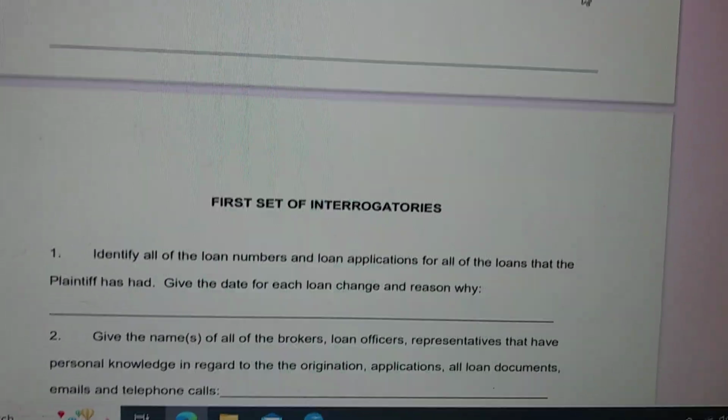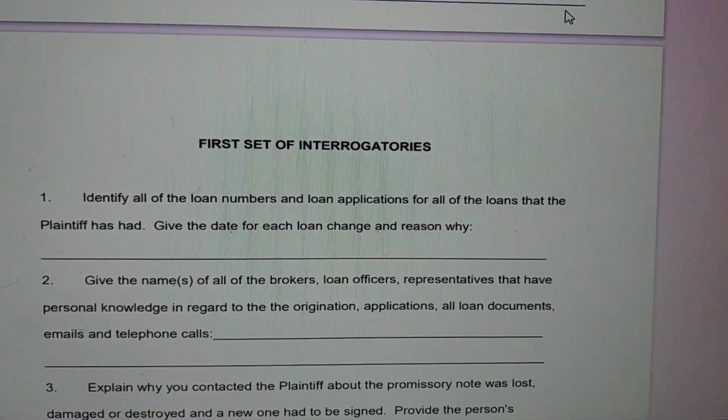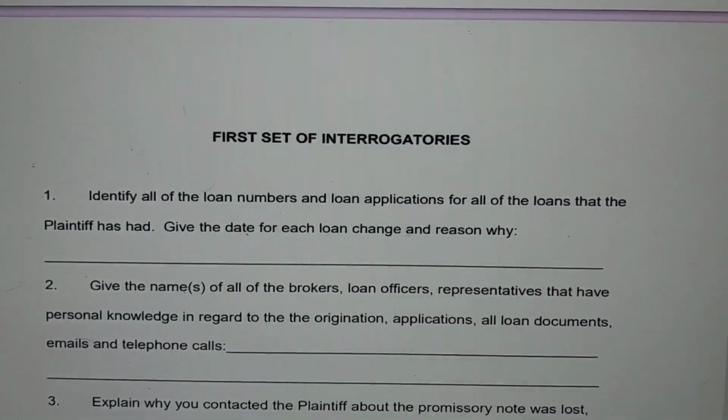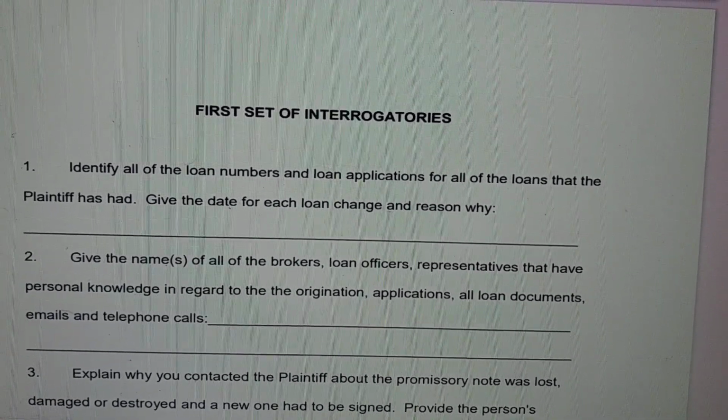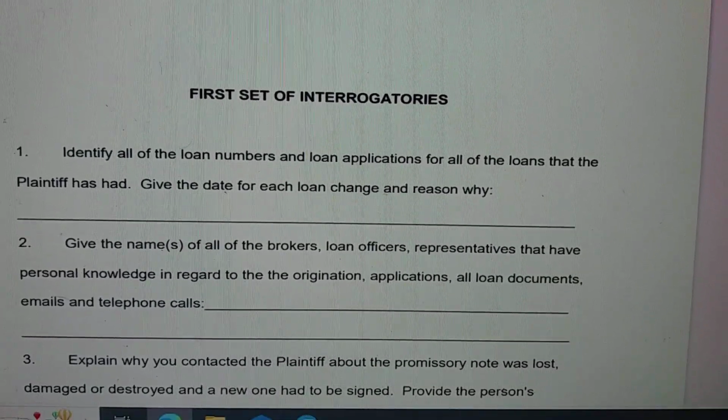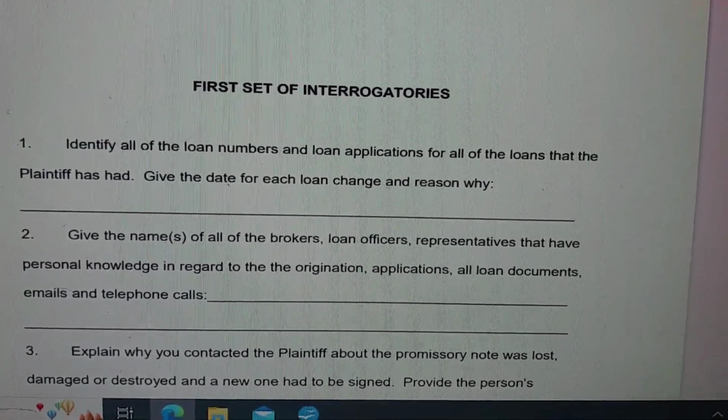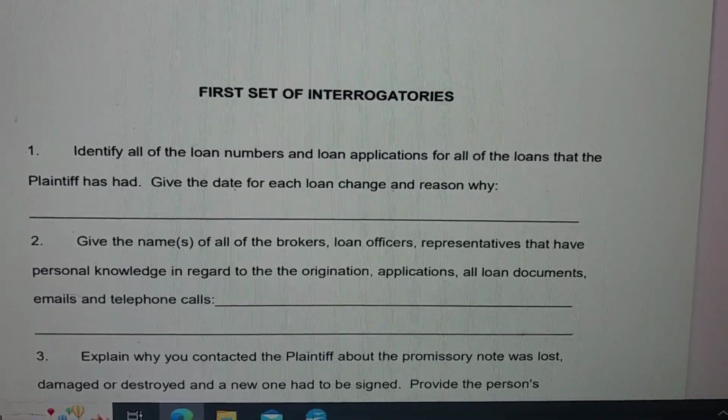So she has 25 questions. The first one is basically identify all of the loan numbers and loan applications for all of the loans that the plaintiff has had. Give the date for each loan change and the reason why.